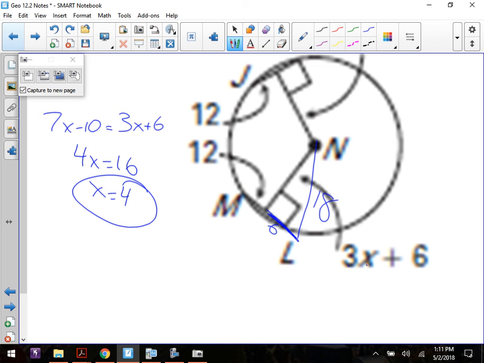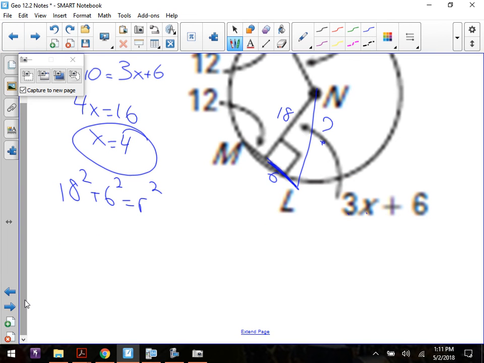So I have a hypotenuse of 18. I'm looking at here, here's my 18. Then I would be able to figure out my radius. What would I do to figure out the radius? Pythagorean theorem. 18 squared plus 6 squared will equal my radius squared.